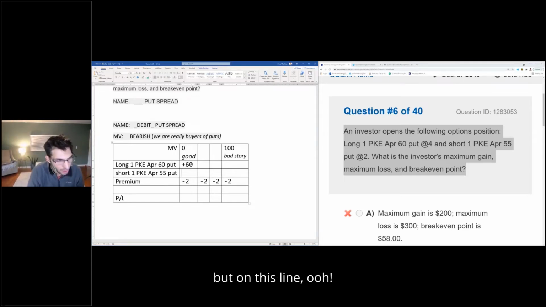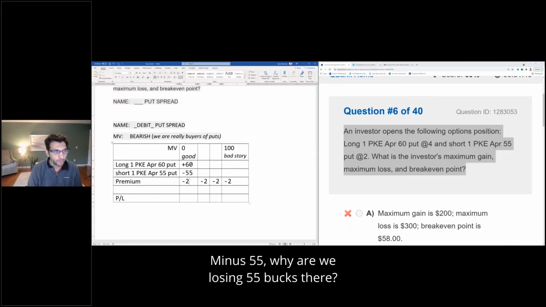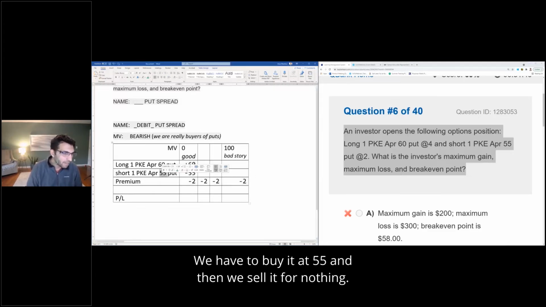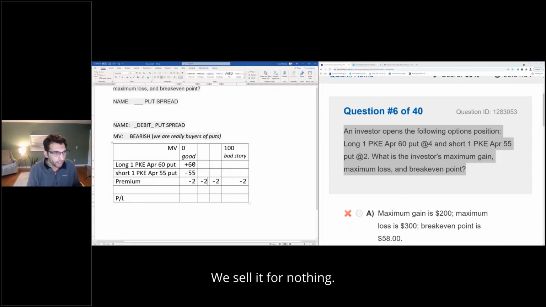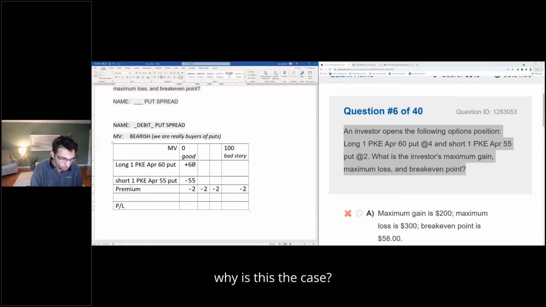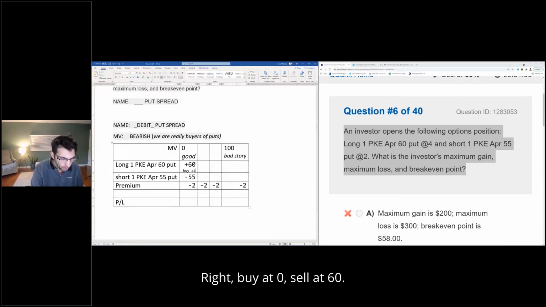But on this line, ooh, bad story. How much are we losing? -55. Why are we losing $55 there? We have to buy it at 55 and then we sell it for nothing. Again, just to be 100% sure, why is this the case? Buy at 0, sell at 60.